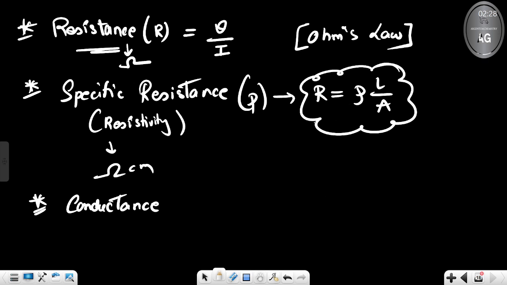The second mistake you will also make is in this case, where you write 1 by R. I used to do that a lot, not now, and I showed it now because I remember all my mistakes. Conductance, represented by C, will be equal to 1 upon R. So what is going to be my unit?